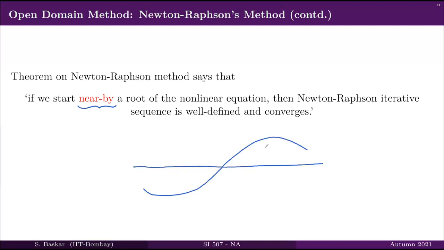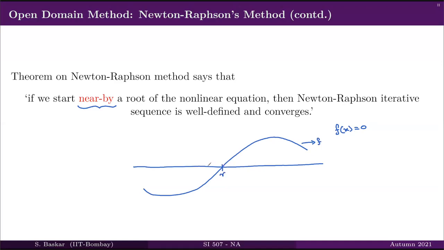Let us try to see this graphically. Assume that the equation f of x equal to 0 is such that the graph of the function f is given like this, and we are interested in getting an approximate value of the root of this equation.